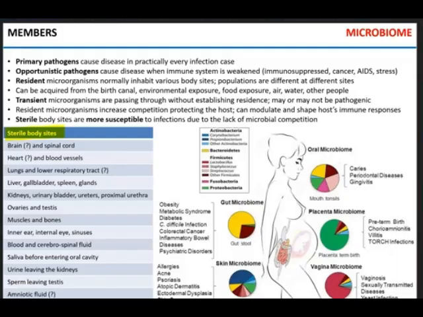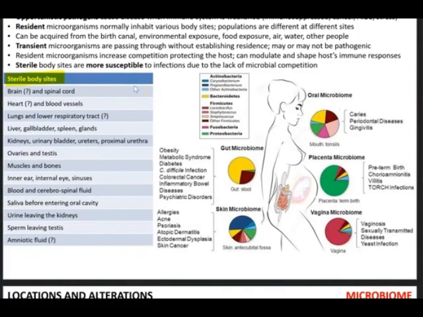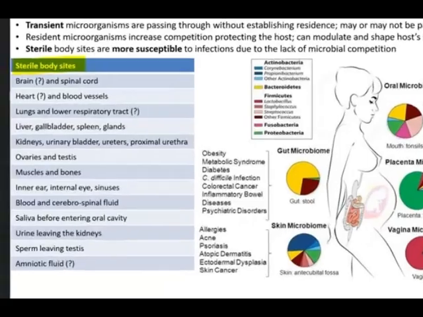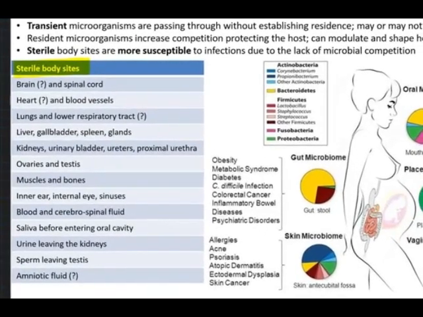This is week 9. If you look at this table, I have no intention of reading it to you, I think you can read it yourself perfectly fine. You can see that there are some question marks. These question marks show the disagreement between different scientists about whether or not we can call those sites sterile.